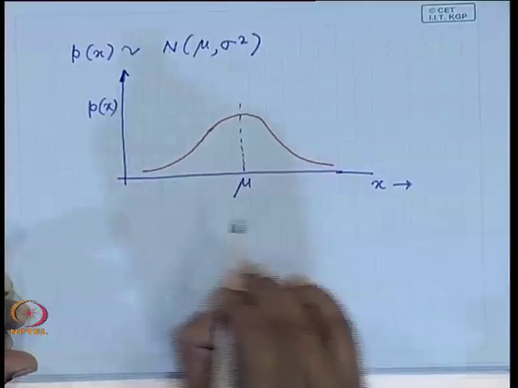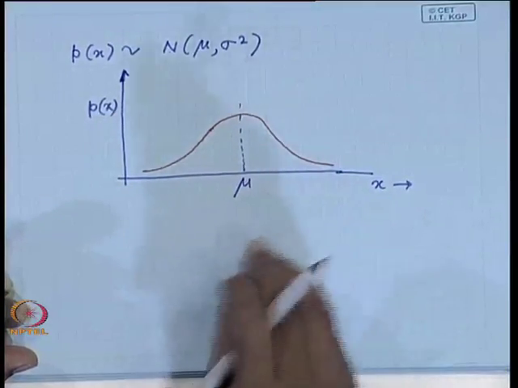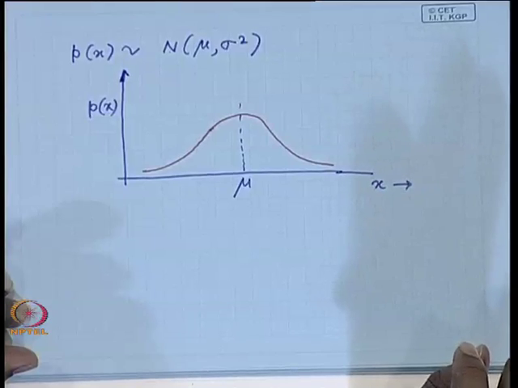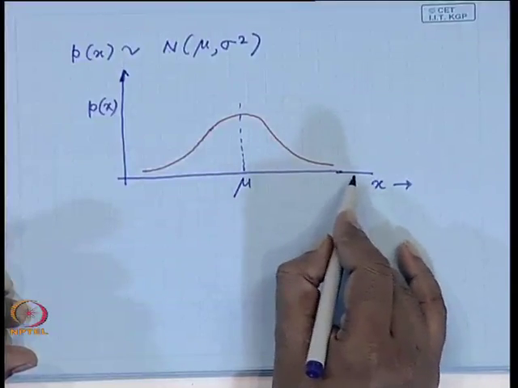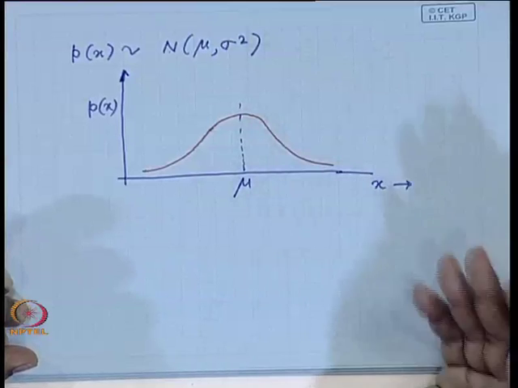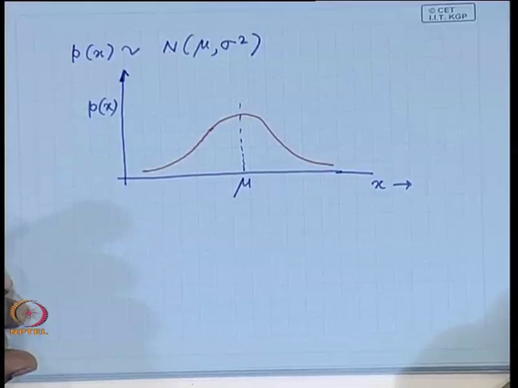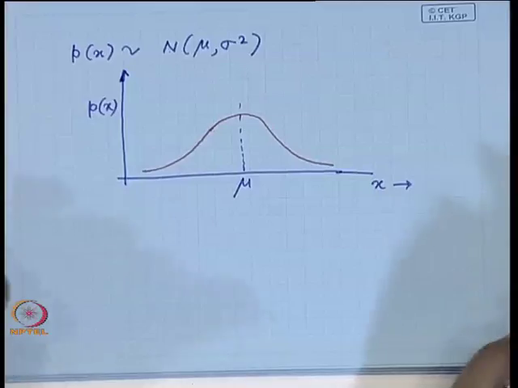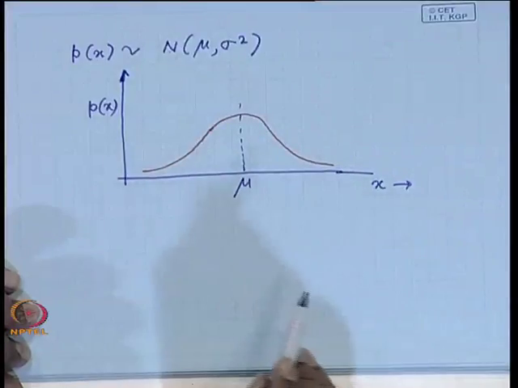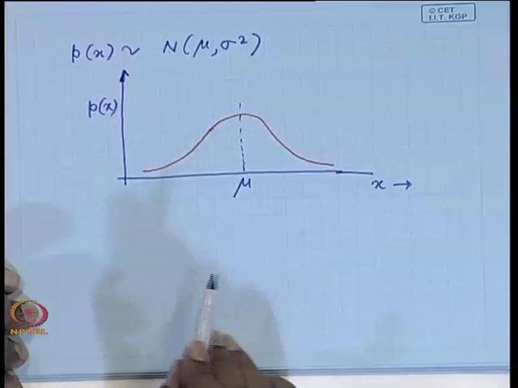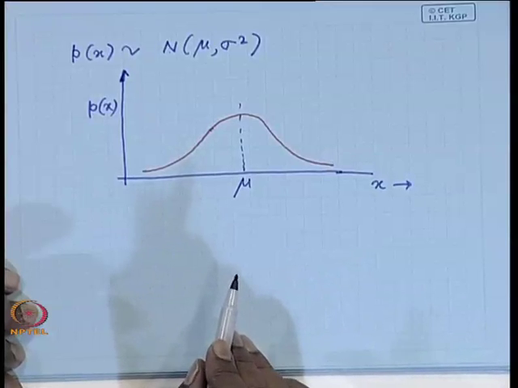As you go away from the mean value, the population density goes on decreasing, and after a certain limit, given by plus minus 2 sigma, twice the standard deviation on either side, I can actually neglect the population density. This is what is meant by this normal density function.